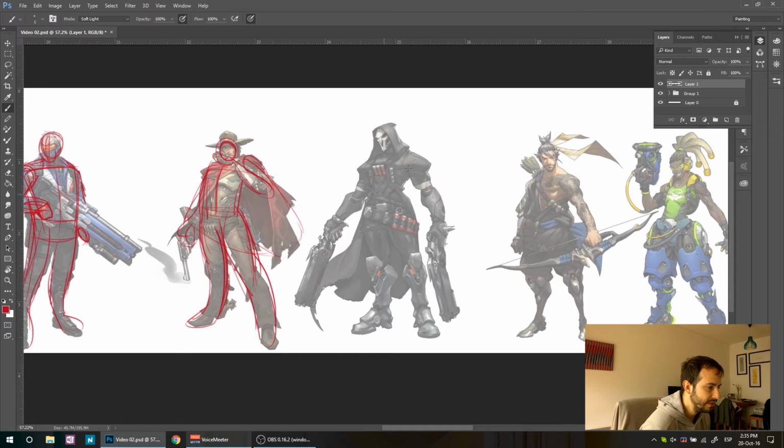Now here with Reaper, the important thing is this part here, and you can see how his ribcage is super small, this is all he has, and then it's all legs and waist, really strong legs here, really big feet.